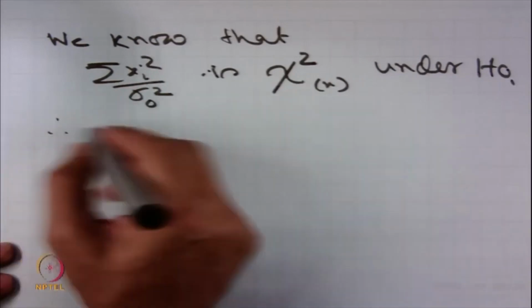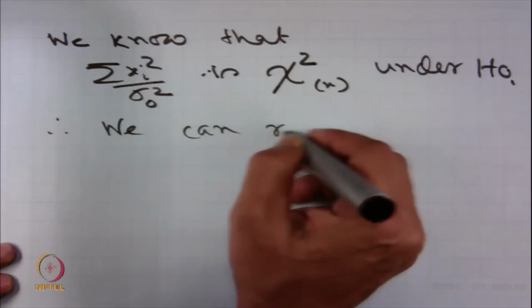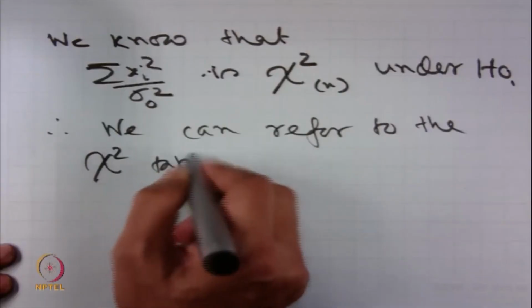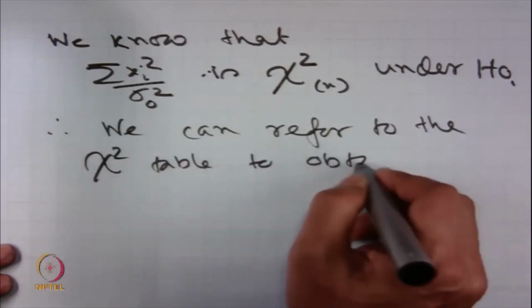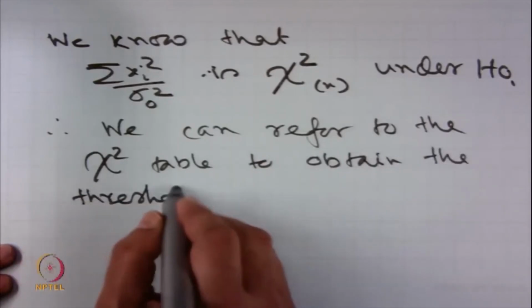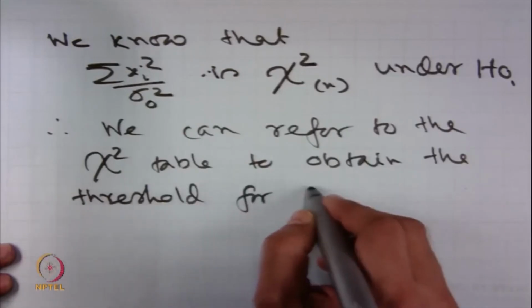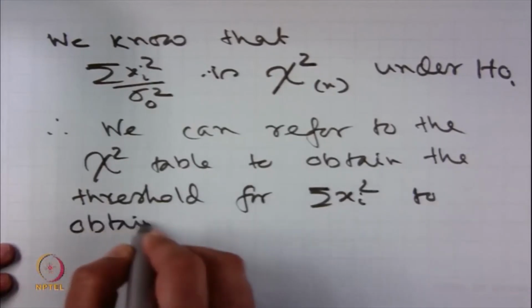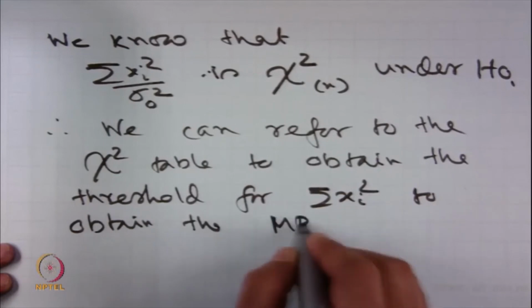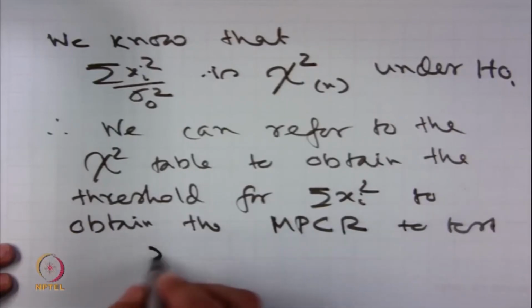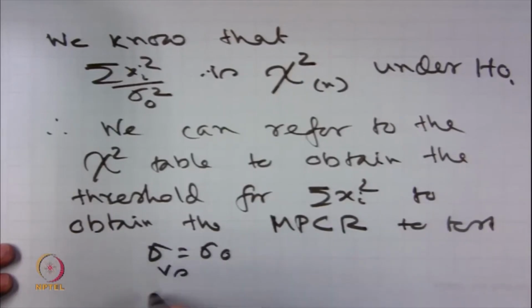Therefore, we can refer to the chi-square table to obtain the threshold for sigma xi square to obtain the most powerful critical region to test sigma is equal to sigma naught versus sigma is equal to sigma 1.